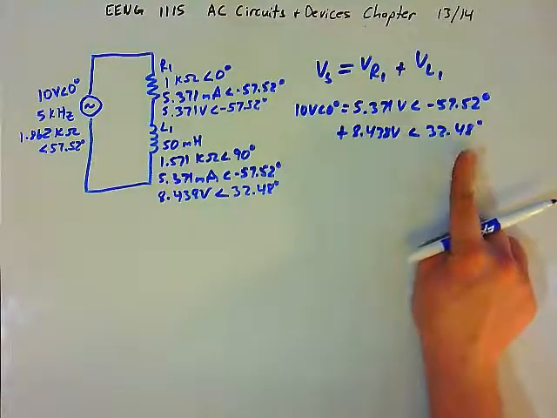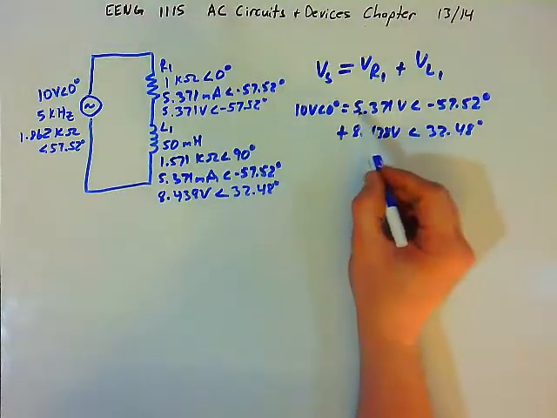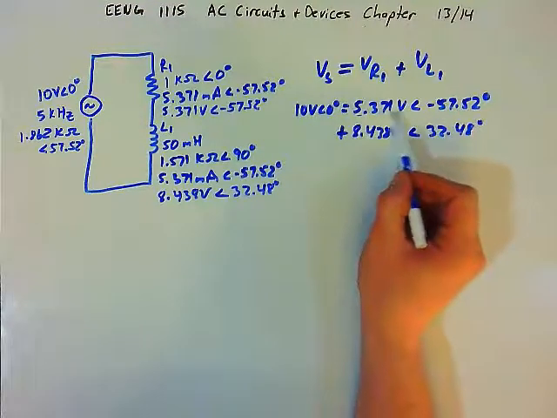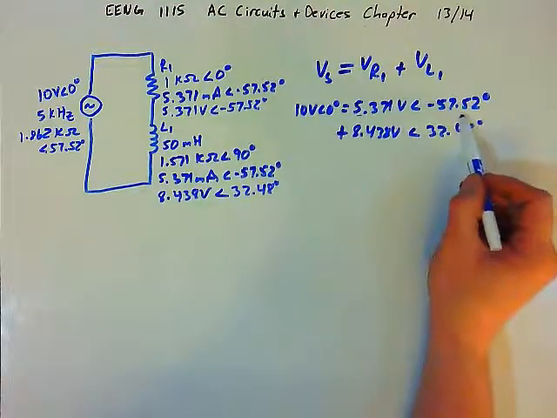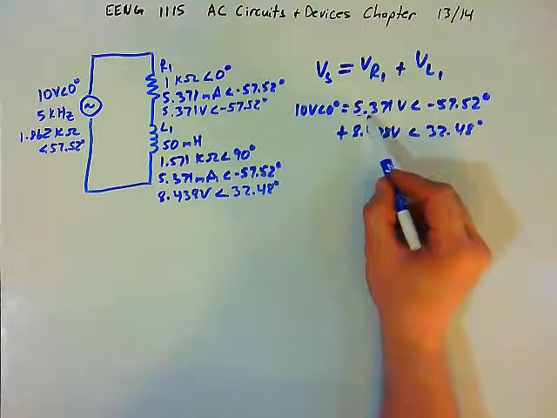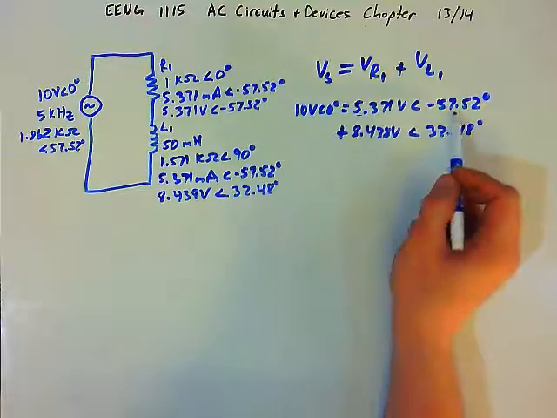And so we want to add these vectors. They're in polar form. We need them to be in rectangular form for us to add them. And so the resistor's voltage drop is 5.371 volts at negative 57.52 degrees. To change this to xy components, we take the magnitude times the cosine of the angle, gives us x component. Magnitude times sine of the angle gives us the y component.